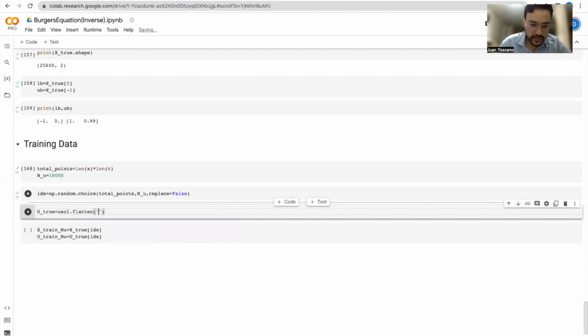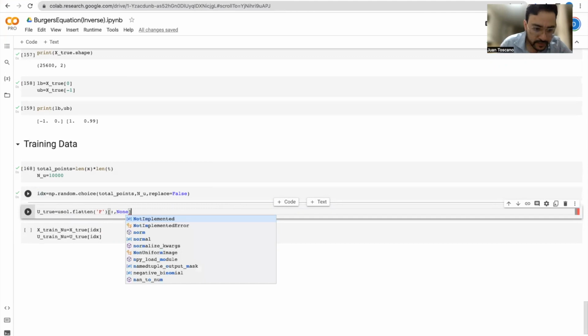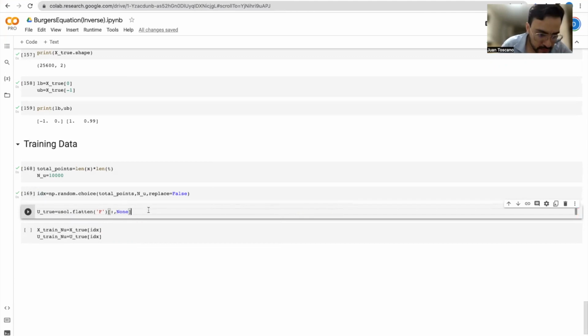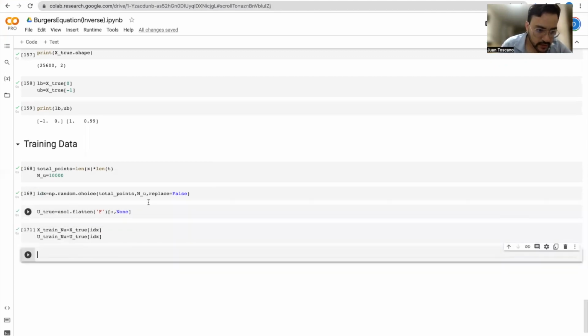We want to do it column major, and we will discard the last dimension. So yeah, that would be it. Let's hope it works. And yeah, it works. So now you see that we will have, let's print it.